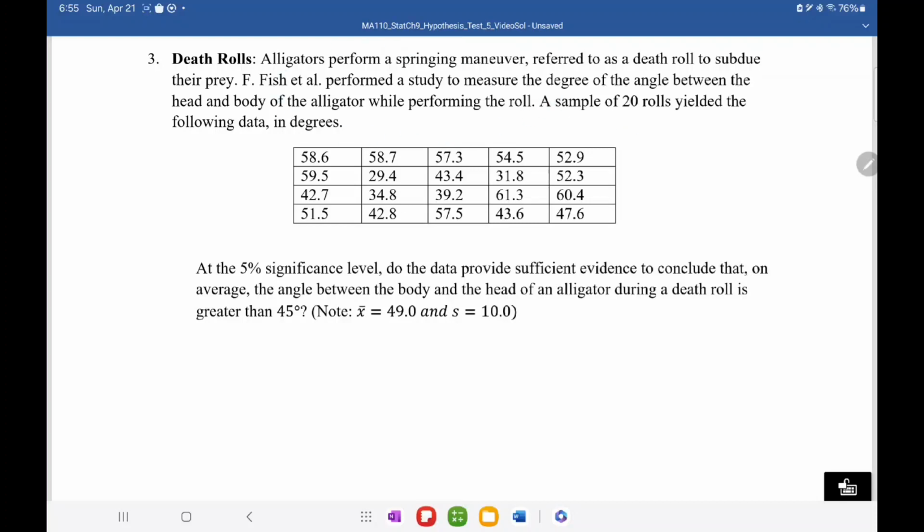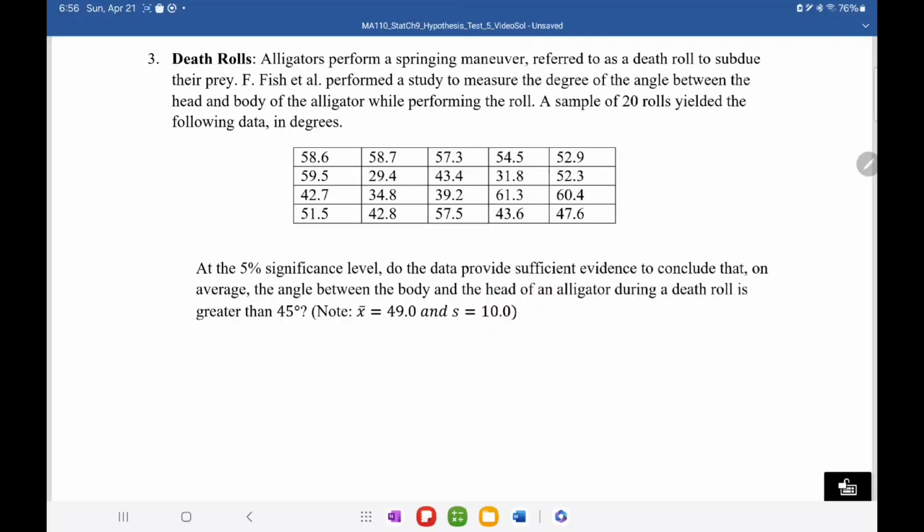The whole maneuver is called a death roll, because that way they can control their prey and eventually subdue it and kill it. So they have collected all this data, and these are the angle data, the angle in degrees, right? So we have to perform a study to see if the death roll angle is greater than 45 degrees based on this sample study, right?